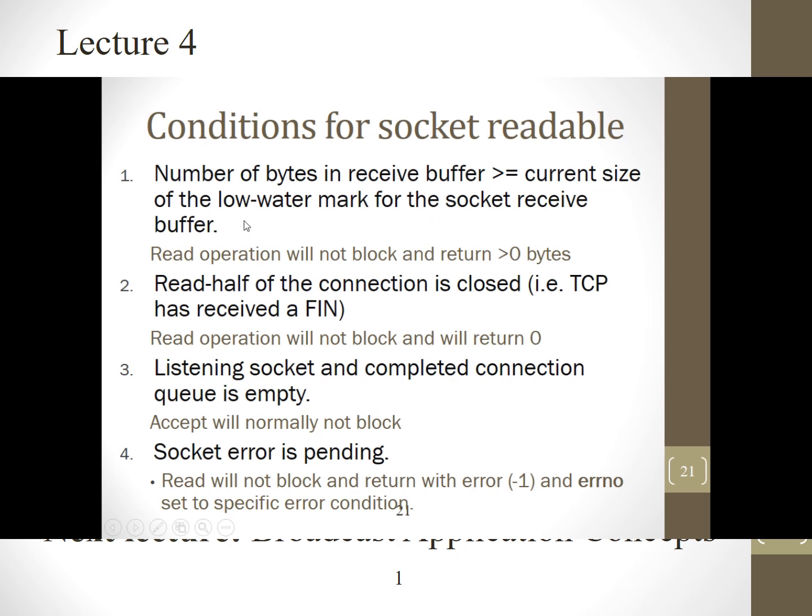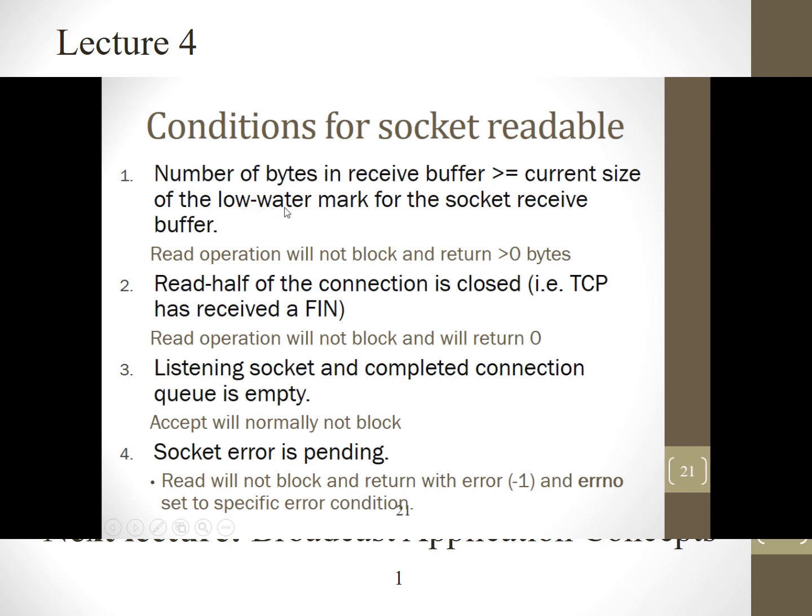It means some minimum amount of data is present. A watermark means some level that we have set in the buffer. If the data is less than that level, we say it is below the low watermark.